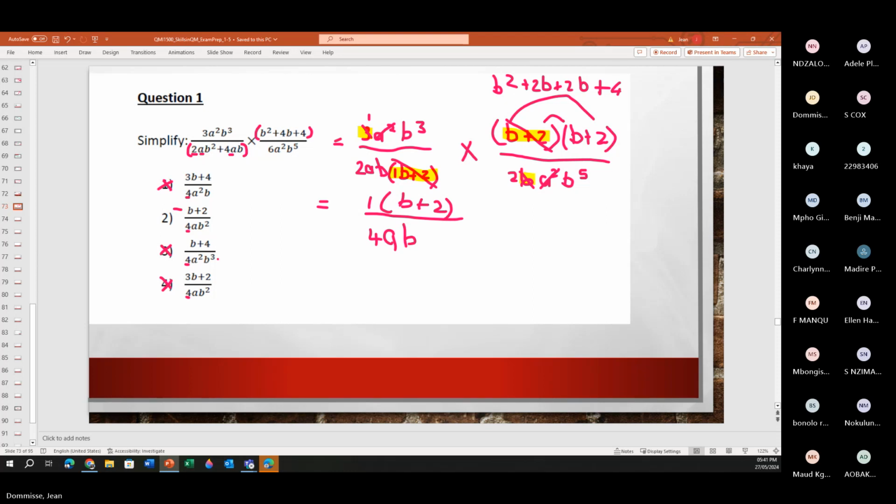Sorry, I'm now worried about these answers. Is b2, b, because I now get b's to a power of 3.